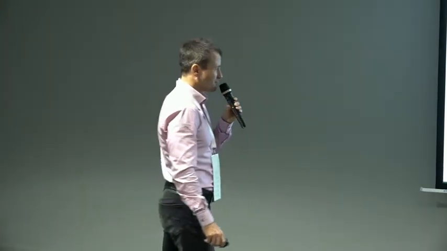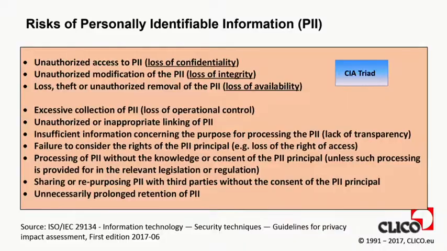And can we use the ISO 27005 approach in this case? In a small part, yes, because in privacy we have a lot of other risks, not only risks to confidentiality, integrity, and availability. On this slide, you have some examples of risks.